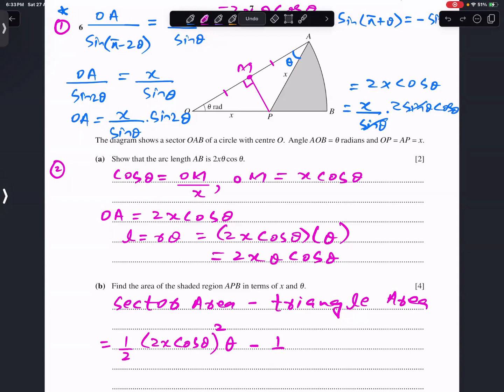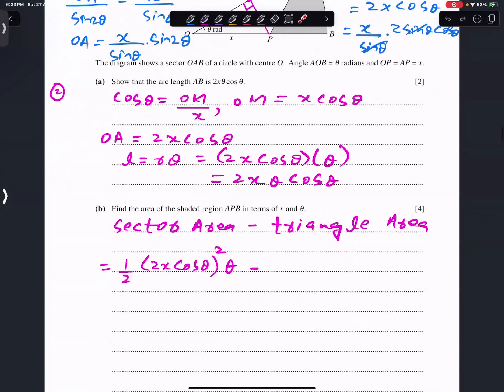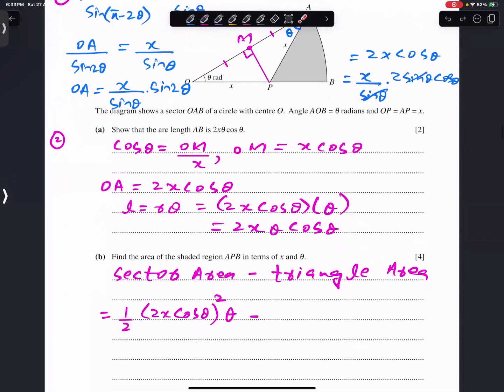To find the area of this bigger triangle, it's better to find area of one triangle and then multiply it with 2. So for that, let me find PM first. So sine theta is P perpendicular, which is PM over X. So PM is X sine theta.